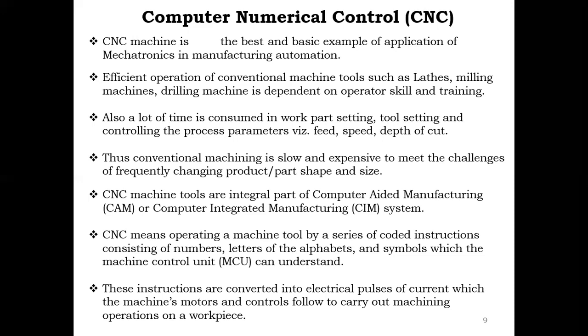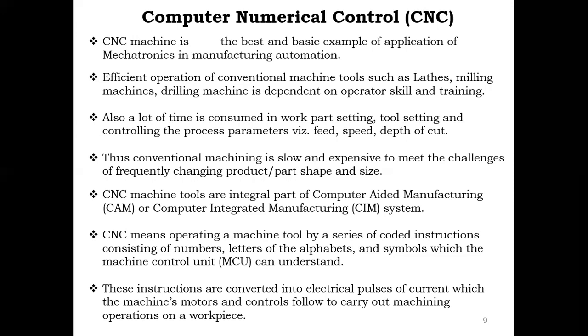The coded instructions consist of numbers, letters of the alphabet and symbols which the machine control unit can understand. That is MCU. Most machine control units are a processor or microcontroller or PLC. So we need to write the program according to what the machine understands.